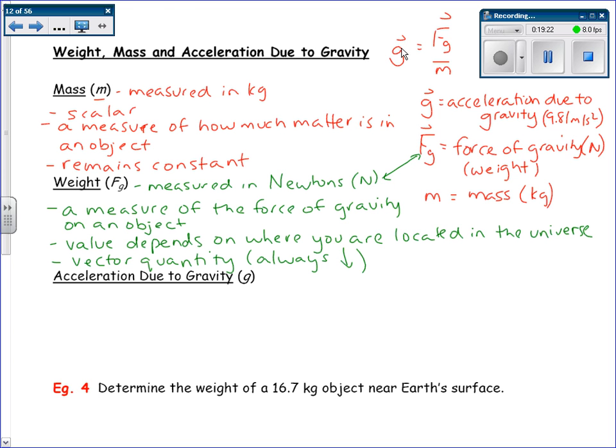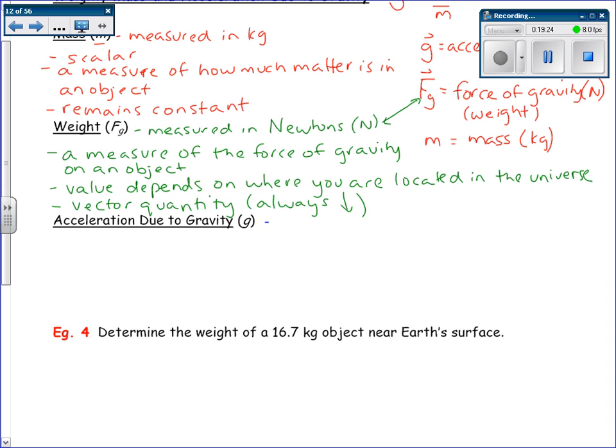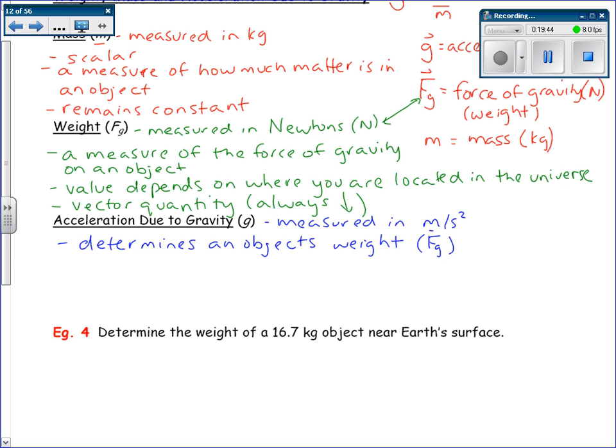Acceleration due to gravity is measured in meters per second squared, because it's an acceleration. It determines an object's weight, which is the force due to gravity. These should have vector symbols on here.